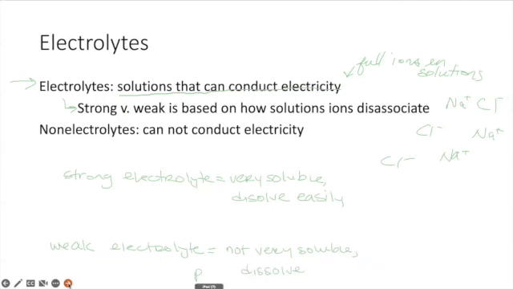They poorly dissolve. Whereas non-electrolytes, just point blank, cannot conduct electricity. There's no ions in solution. So something just point blank did not dissolve in solution.